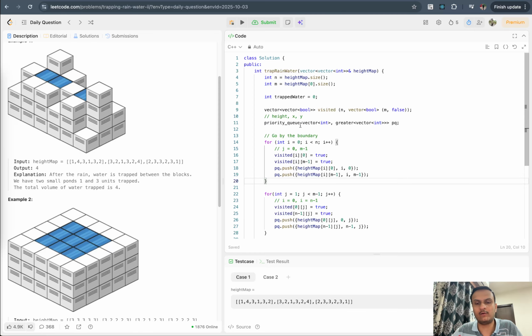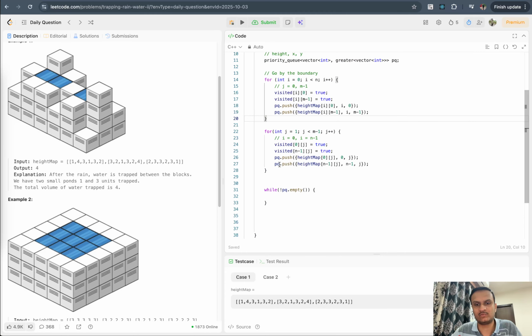We also have to find the adjacent ones, right? For that we can use two direction arrays. We can make a vector of int direction of row, and similarly direction of column. To find all directions, keeping the row same, column is increased by 1; keeping the row same, column decreased by 1; keeping the column same, increase the row by 1; or keeping the column same, decrease the row by 1.